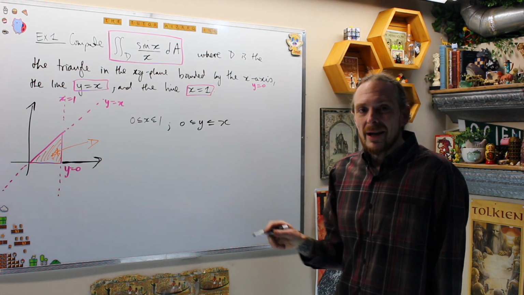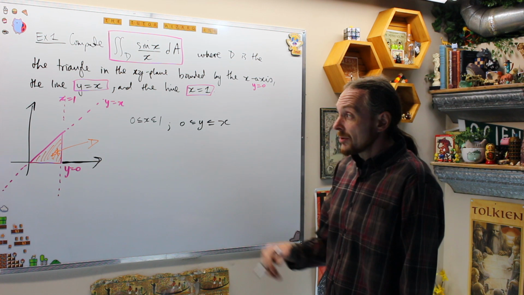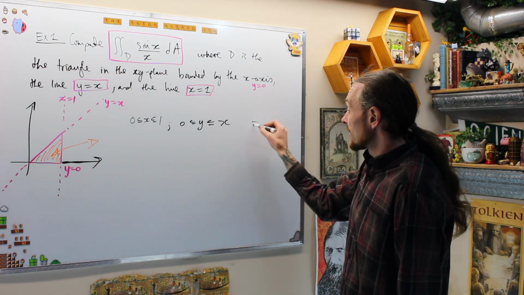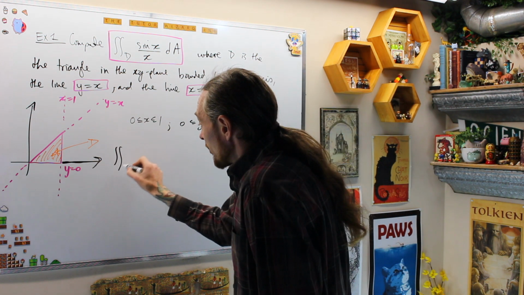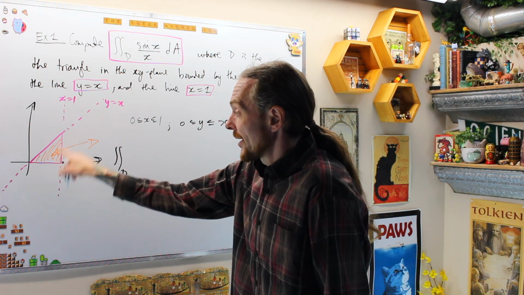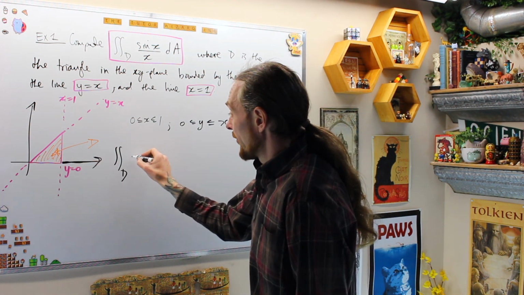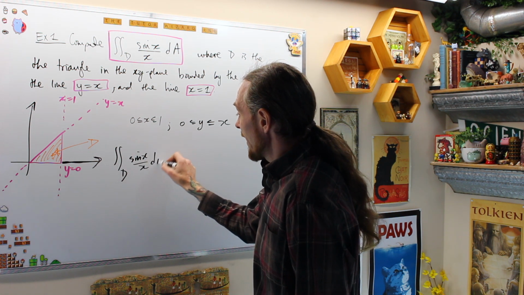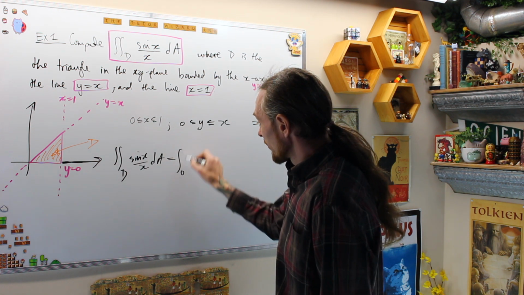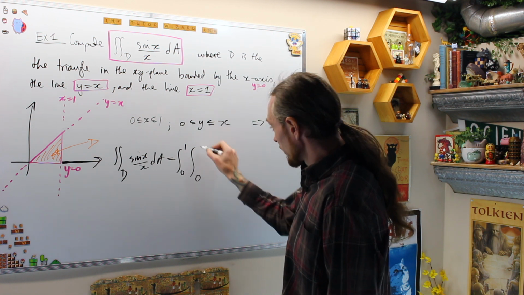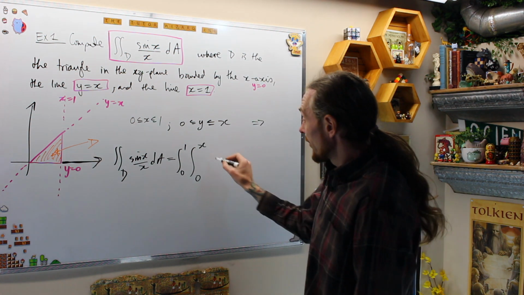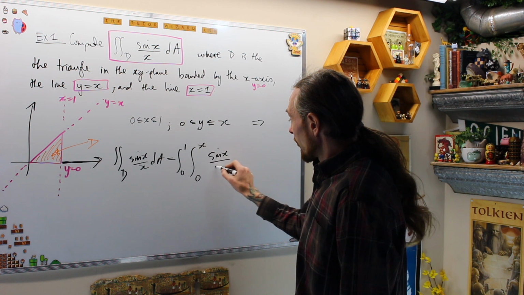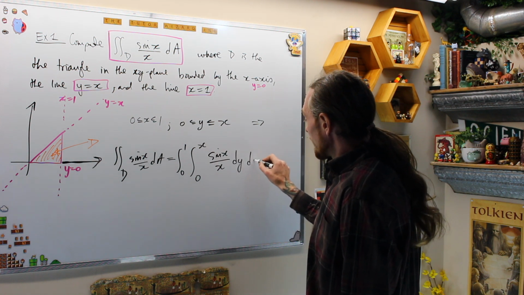And then once I have those, now I can use the stronger version of Fubini's theorem to compute this double integral. And that says that the double integral over D, which is this triangle, of our function sine x over x dA can now be computed as the integral from 0 to 1 of the integral from 0 to x of sine x over x dy dx.